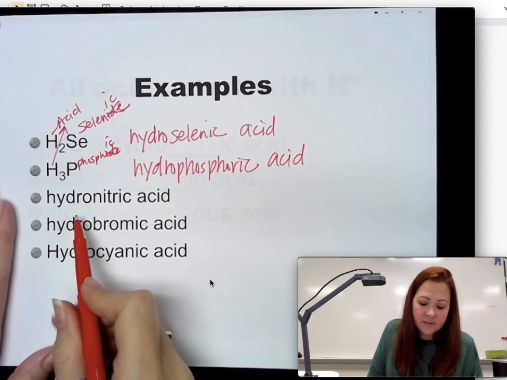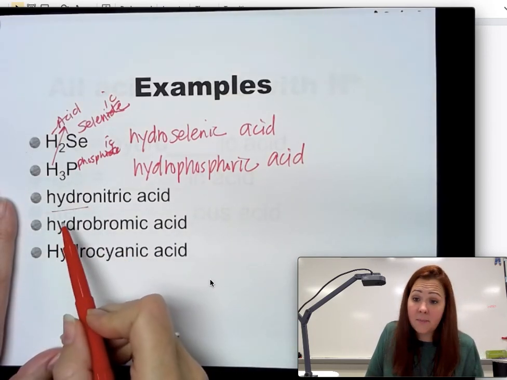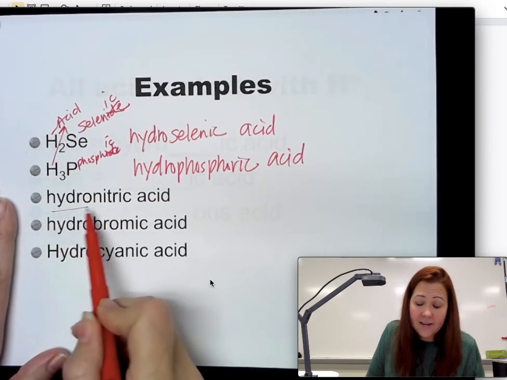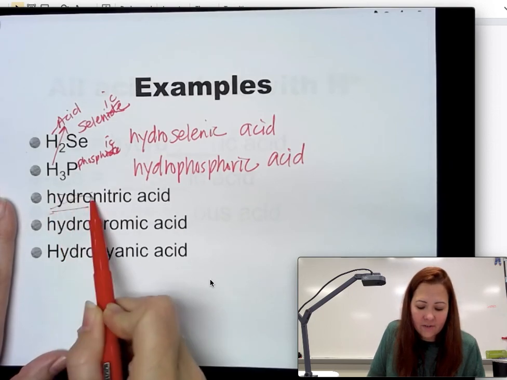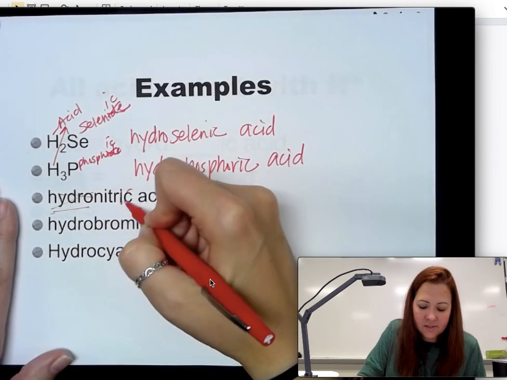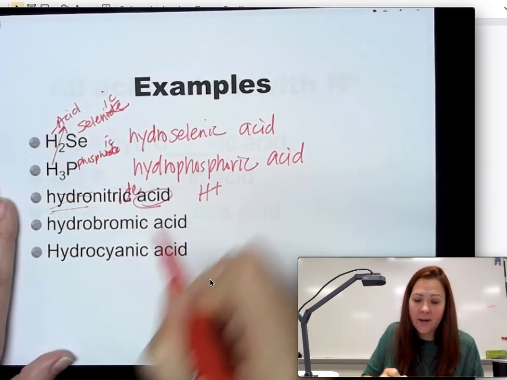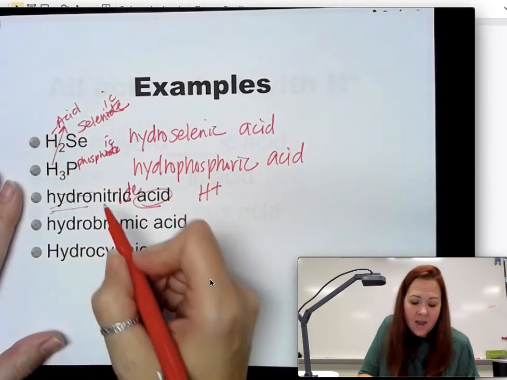Now in these, again, you have hydro. That hydro does not mean hydrogen. Hydro means that it's an IDE acid. Sorry, I missed that IDE part. So hydro, I'm going to kind of ignore. Hydro just means that this is IDE. Acid means that you have hydrogen ions present. So hydrogen has a +1 because it lives in group 1.